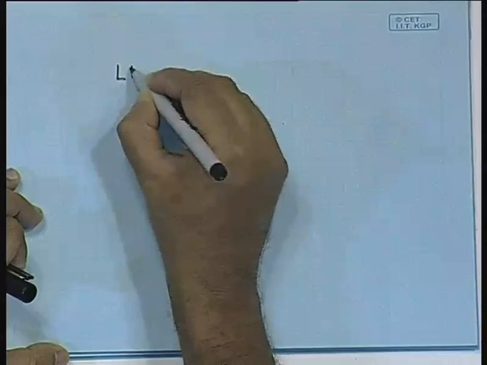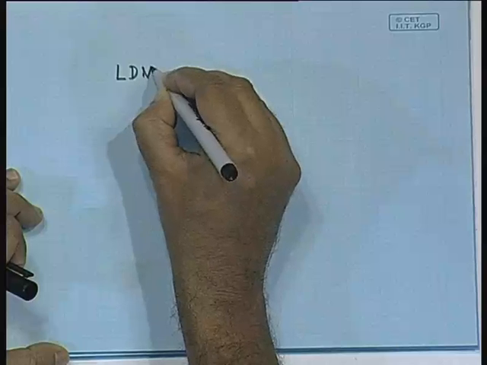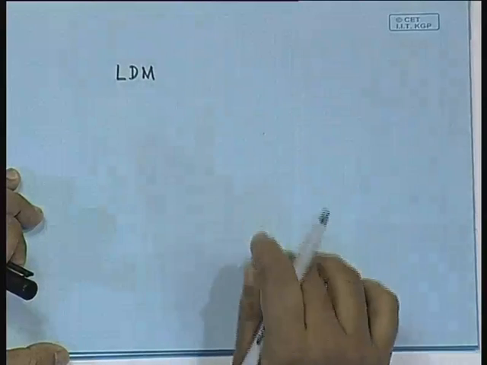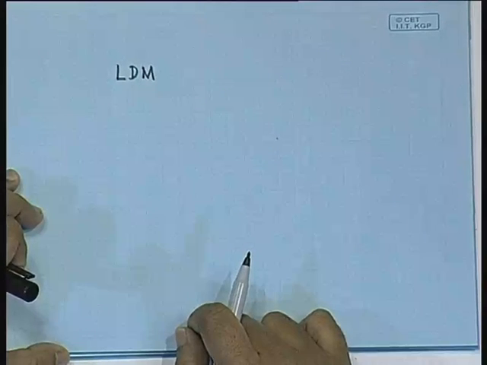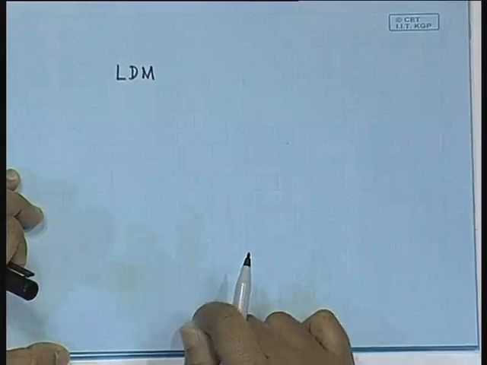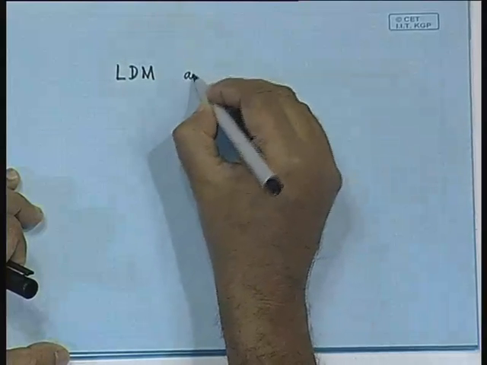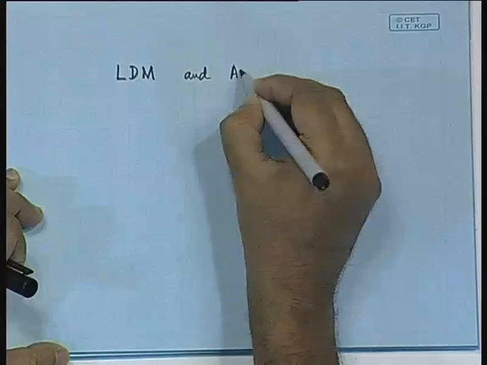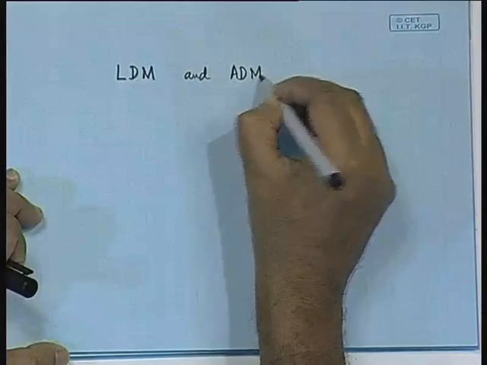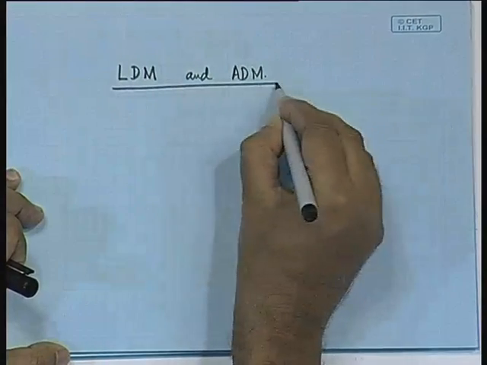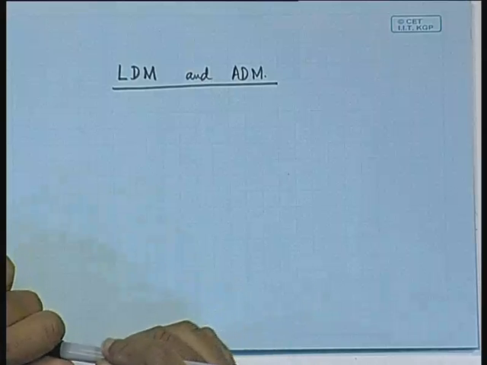In short form we are calling it LDM, and then we will see what the deficiencies of the LDM are, and then we will go in for the adaptive delta modulation, that is ADM. Okay. So, this we are going to cover today.